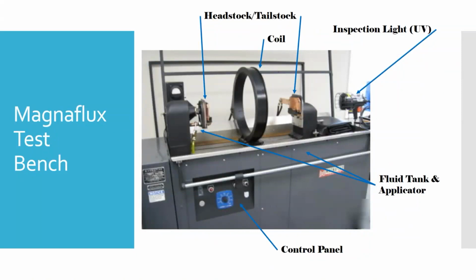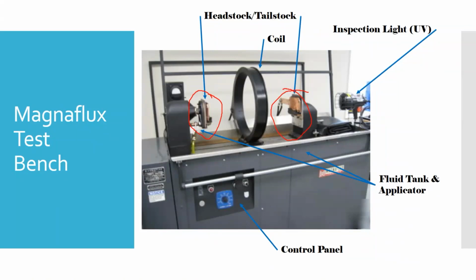So here's the headstock on the left, and the tailstock is on the right. And those clamp the part in place. They're going to be what holds the part, but they're going to have a copper pad on the front of them that allows us to create a conductive bond with that part, so we can run a current through it in order to get that magnetic field.